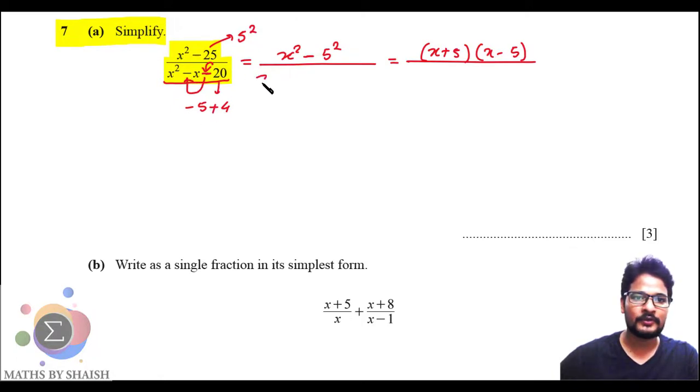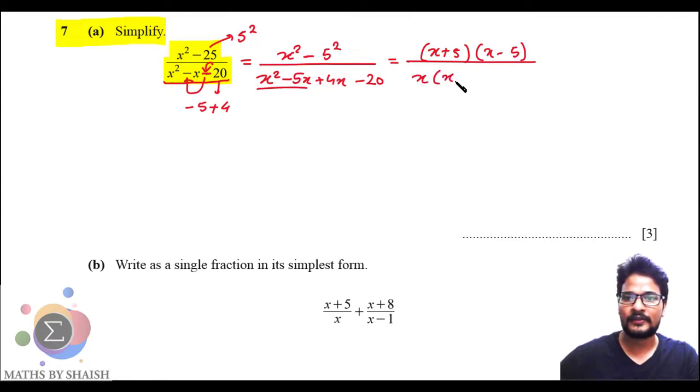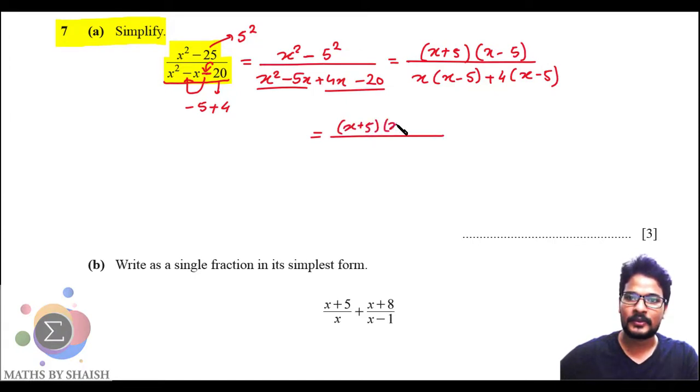So from here we got x square minus 5x plus 4x minus 20, and then from the first two we will take x common, we are left with x minus 5. From the last two we take plus 4 common, and it is again x minus 5. So the next line we will write the numerator as it is, x plus 5, and the denominator x minus 5 times x plus 4, and the x minus 5 is common, and from here we got x, and from here we got plus 4.